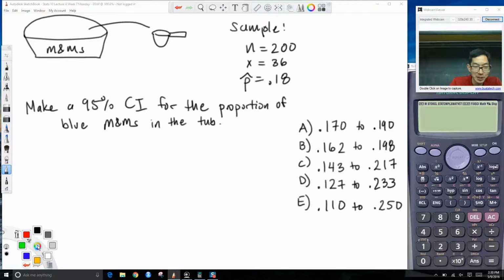I'll color in my M&Ms. If you closed your eyes, do you think you could tell the difference between M&Ms? Probably not, huh?